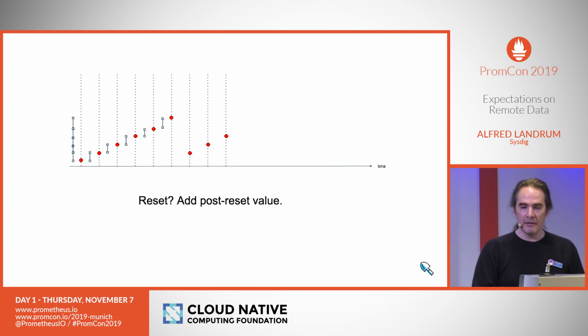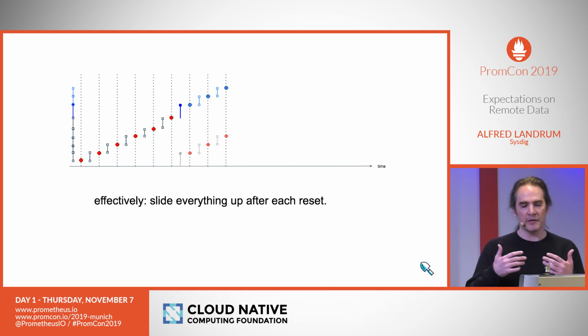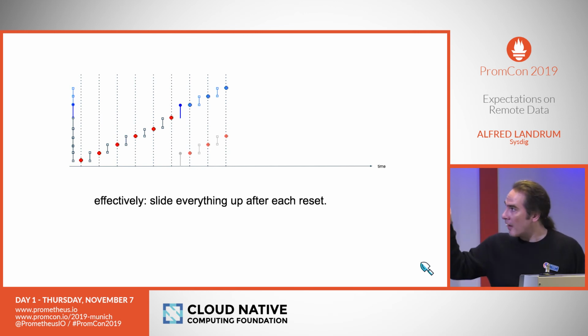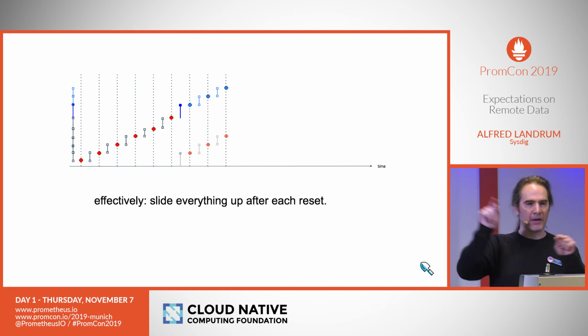If you have a reset, you add the post-reset value, because that reset represents some number of events since 0 that occurred, in this case, that you didn't necessarily see. So you add up all those values. Effectively, I like to think about this as transforming the series by sliding up everything after each reset. And if you look at these high-level values, if you want to get the difference in events, you can just subtract the first value from the last value.